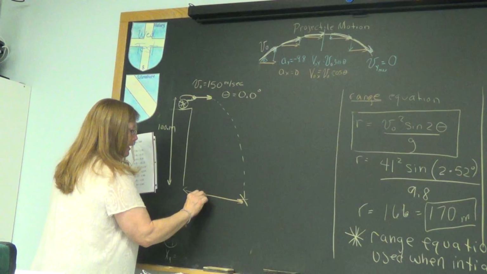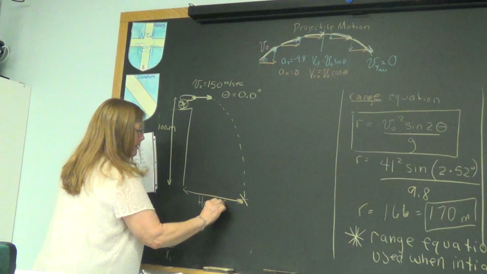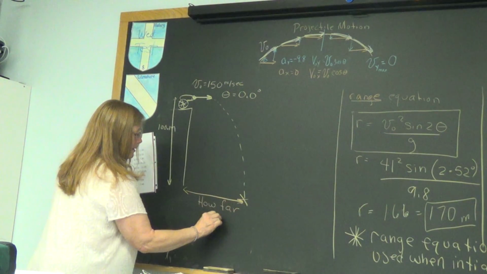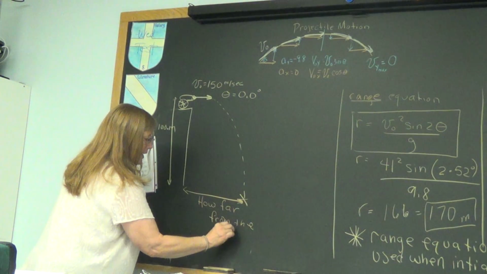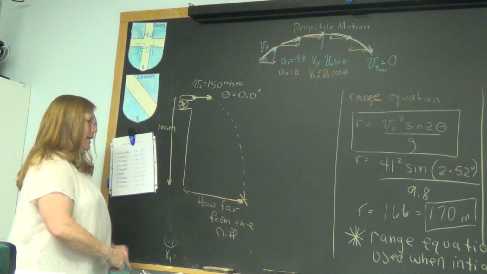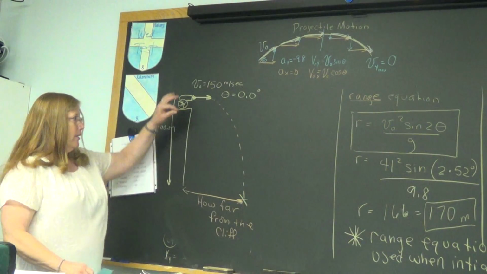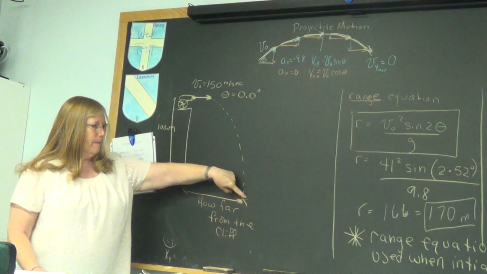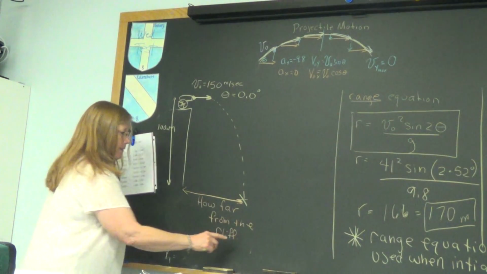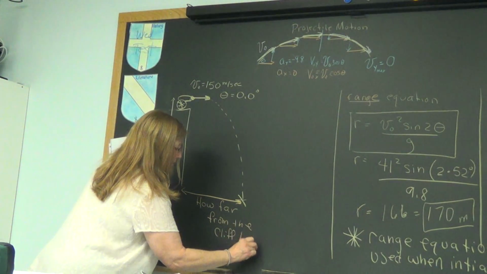How far from the cliff did it land? When I say how far from the cliff, I mean the base of the cliff, so I don't mean from up here to here. I'm talking about how far from the cliff base.